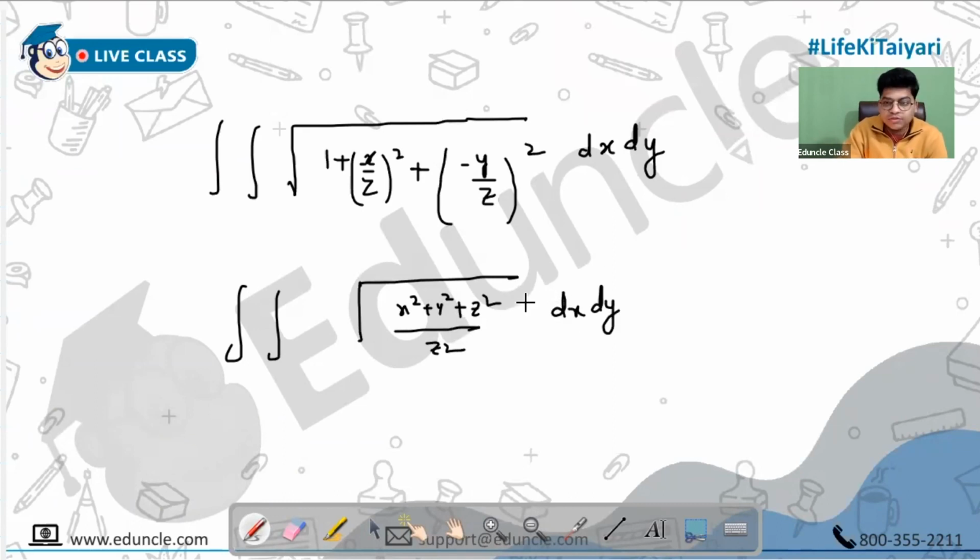This is a square, yes, a square, not 1. So that a upon under root of a square minus.